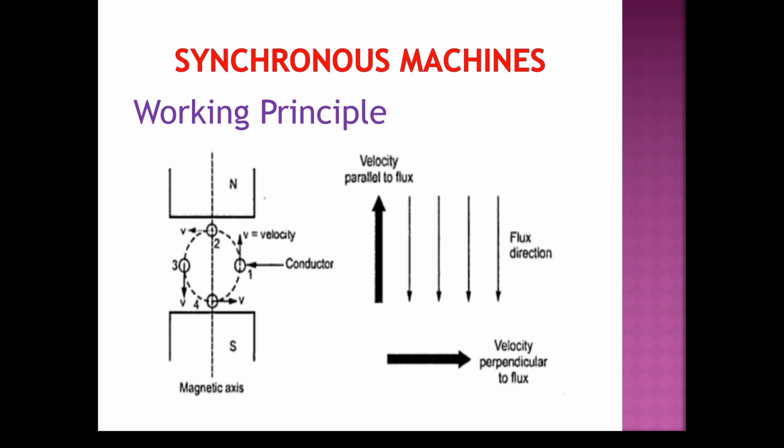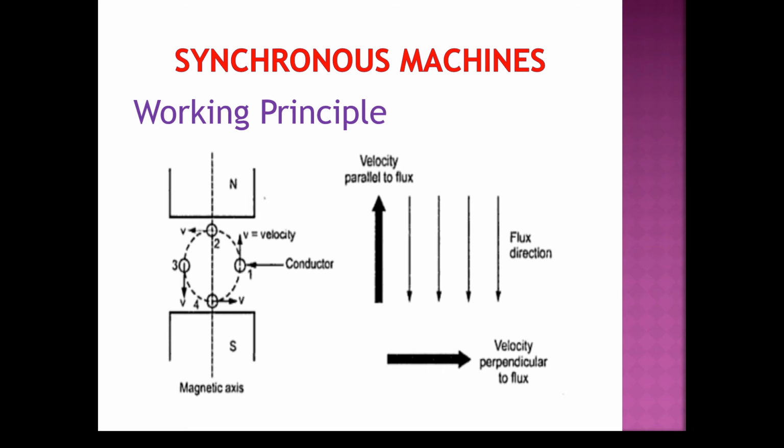Again from 2 to 3, when it is moving, flux cutting will decrease and hence the induced EMF magnitude also starts decreasing. At position 3, the entire velocity component is parallel to the flux line, and at this instant the EMF induced in the conductor is 0. At 1 and 3 it is 0.